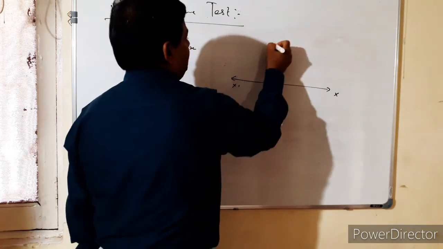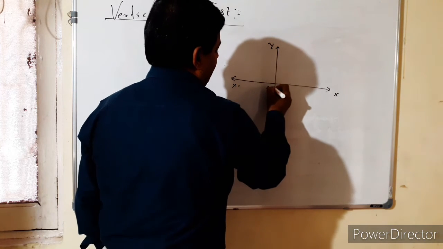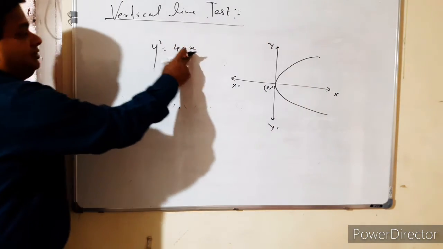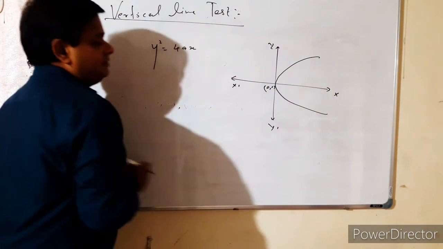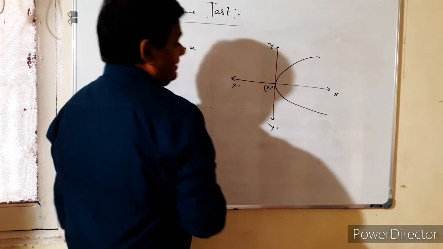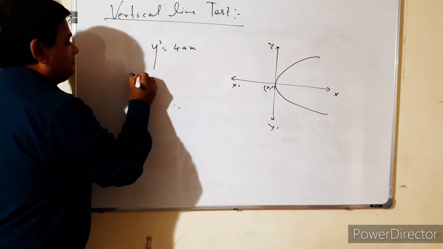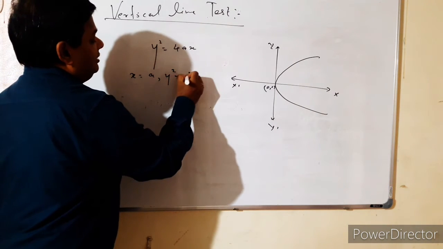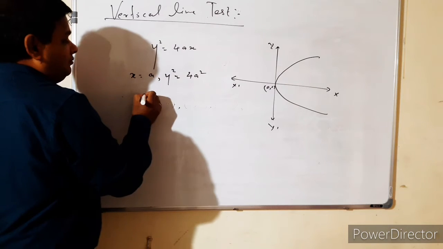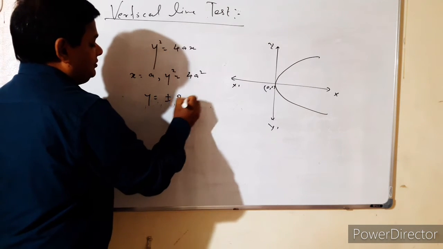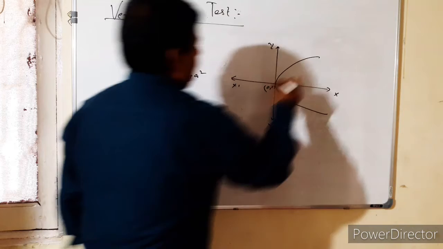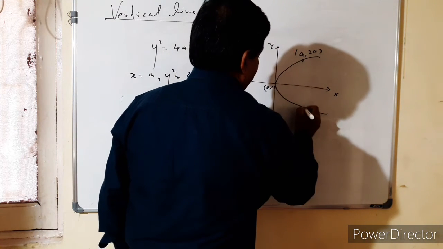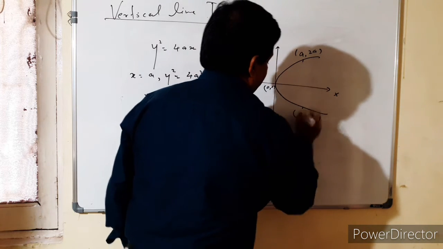X, x dash, y, y dash, origin. When x equal to 0, y is equal to 0, it passes through 0, 0. When x equal to a, y square equal to 4a square, so y is equal to plus minus 2a. So the coordinates become a, 2a and a, minus 2a.